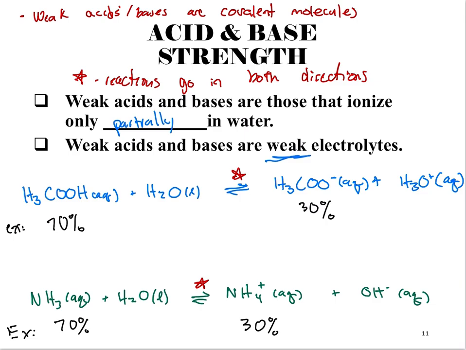With a strong base, I said it directly donates a hydroxide ion to solution. Weak bases always work by accepting a proton, and weak acids always work by donating a proton.